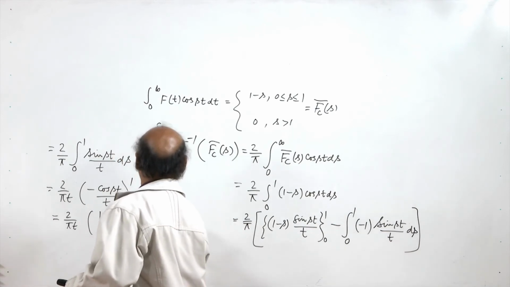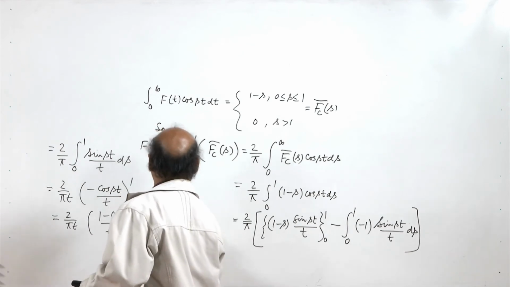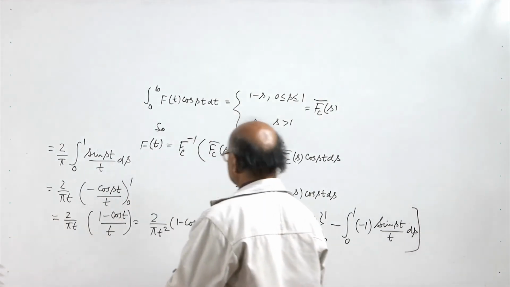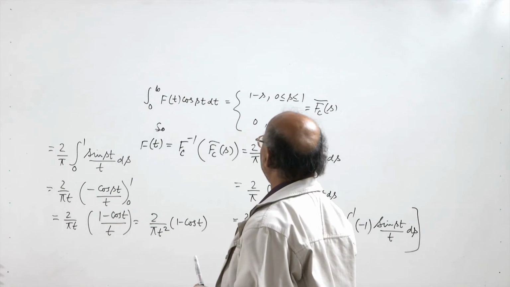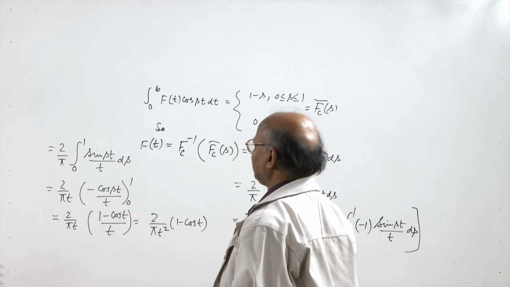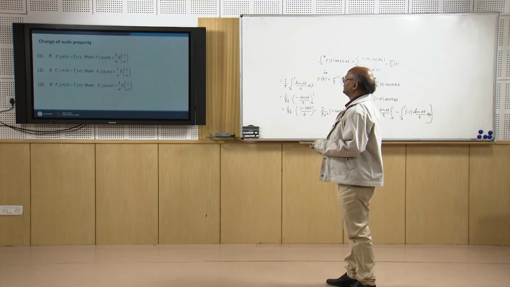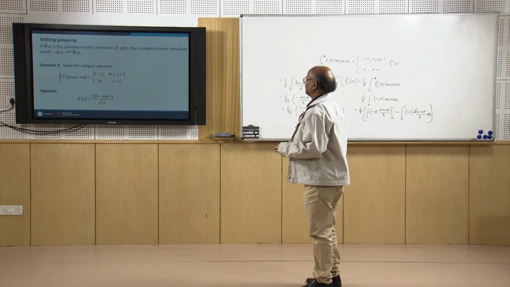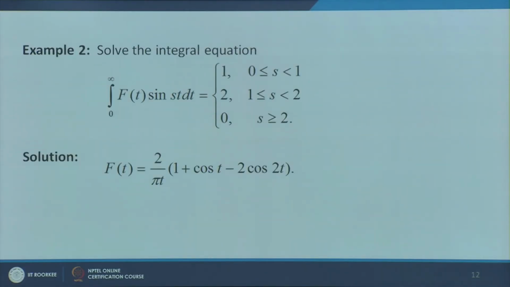So what we have is 2 over pi t square times (1 minus cos t). So this is the solution of the given integral equation. We have found the unknown function f(t). f(t) is 2 over pi t square times (1 minus cos t). So this is the answer to this question. Now let's go to the second question.